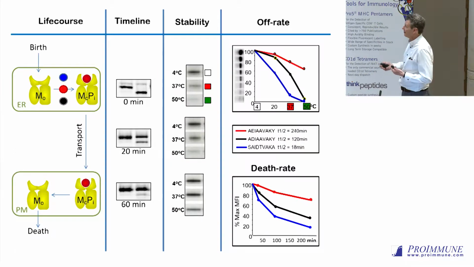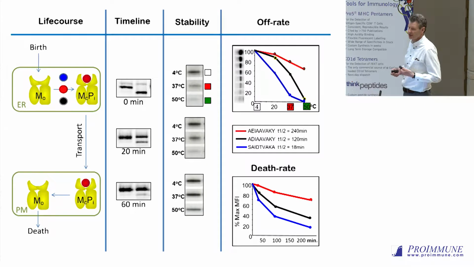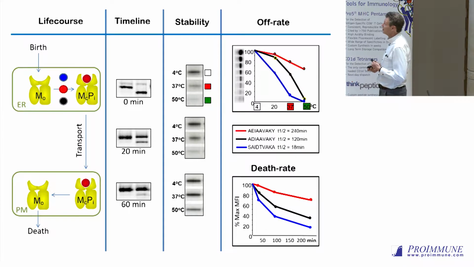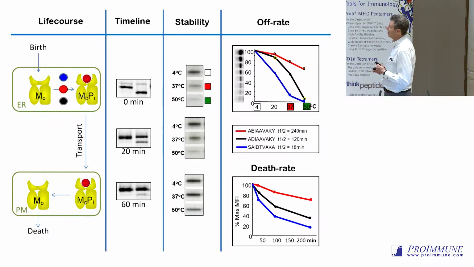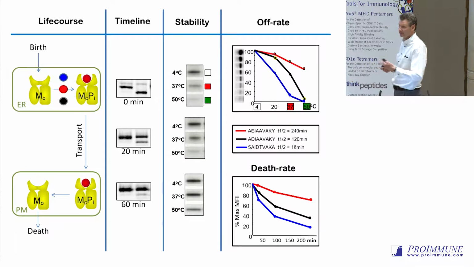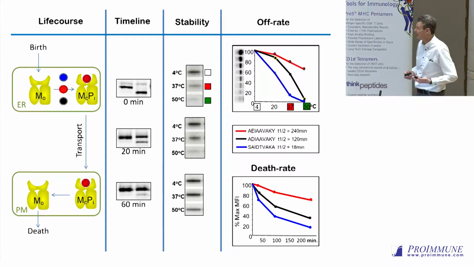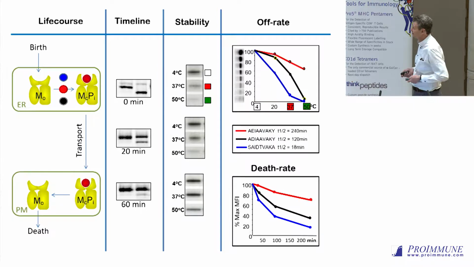As the glycans mature, they acquire resistance to an endoglycosidase called endo-H. And so if you compare molecular size in the presence or absence of endo-H, you can see a gradual resistance to that. And that's a surrogate monitor of transport rate.